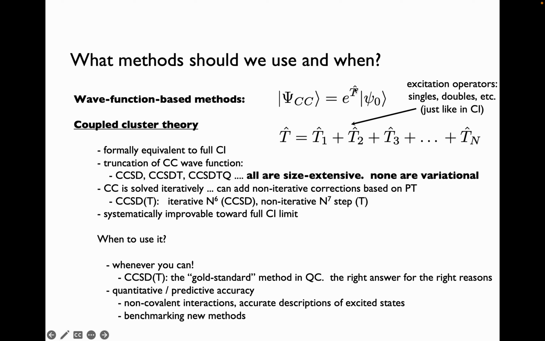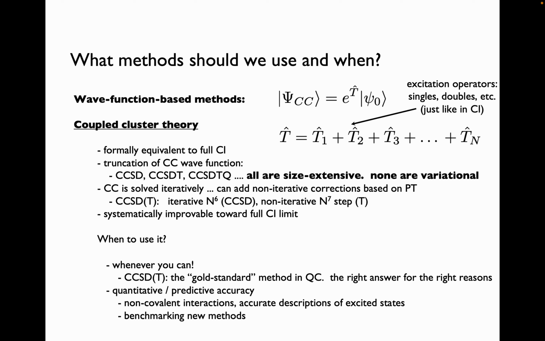The difference is I'm exponentiating T hat, and so that means I have an expansion in different powers of T hat, because you can expand an exponential of anything as a power series expansion, right? What that ends up meaning is that the exponentiation of T hat will end up with the application of different powers of the sum of whatever excitation contributions there are, okay?